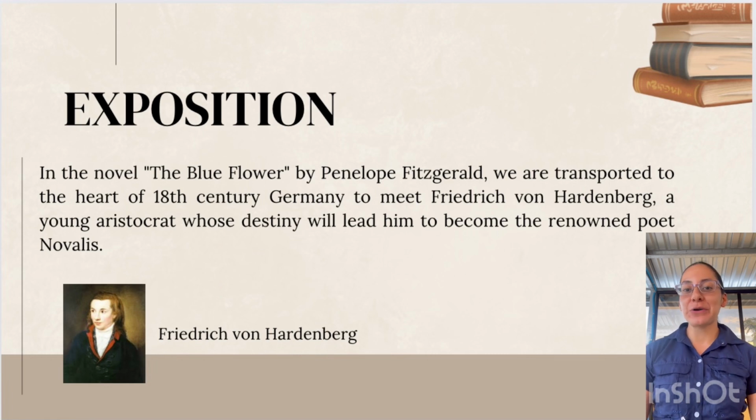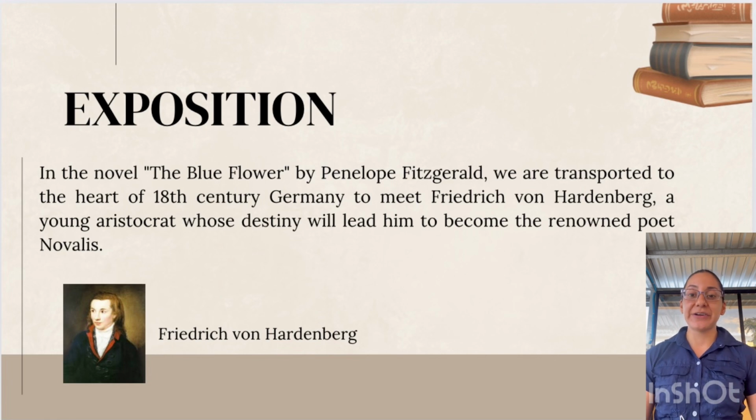In the novel The Blue Flower by Penelope Fitzgerald, we are transported to the heart of 18th century Germany to meet Friedrich von Hardenberg, a young aristocrat whose destiny could lead him to become the renowned poet-novelist. In this part of the novel, we meet the main character, Friedrich von Hardenberg, also known as Novalis, his family, his studies, and his social circle, giving us an intimate insight into his life in this fascinating historical period.